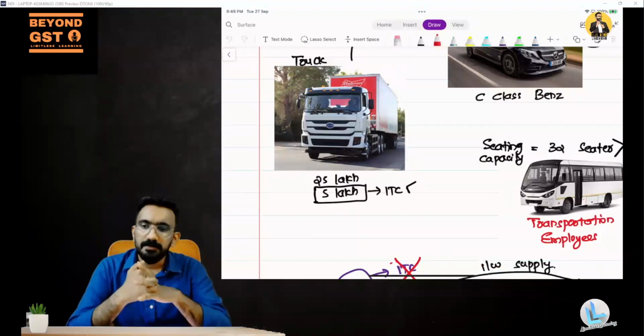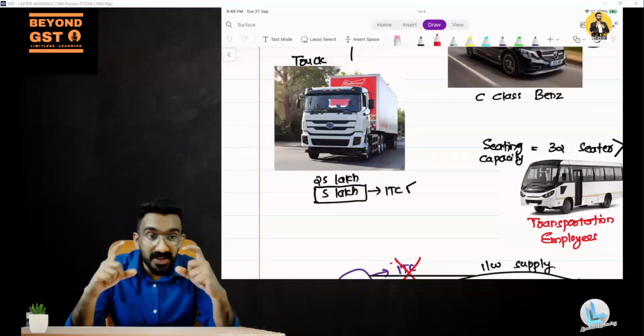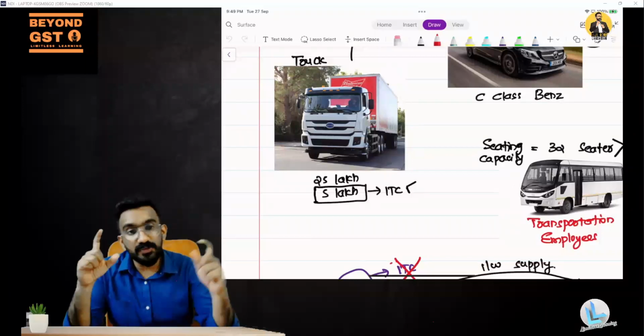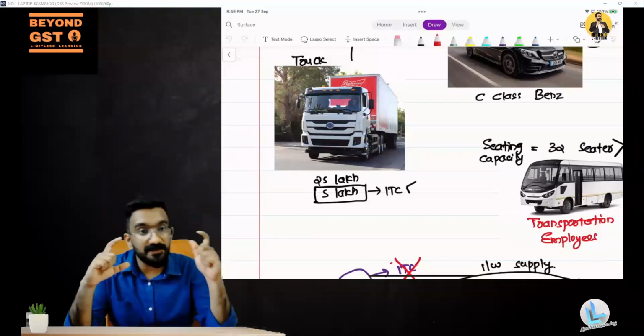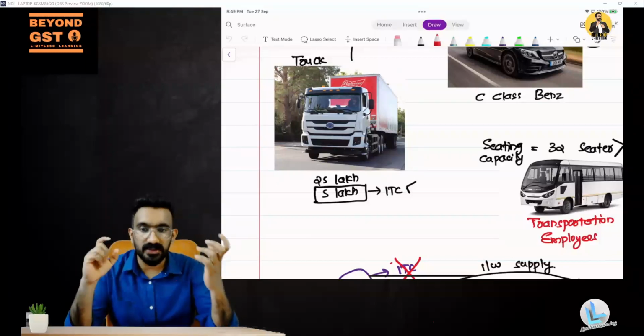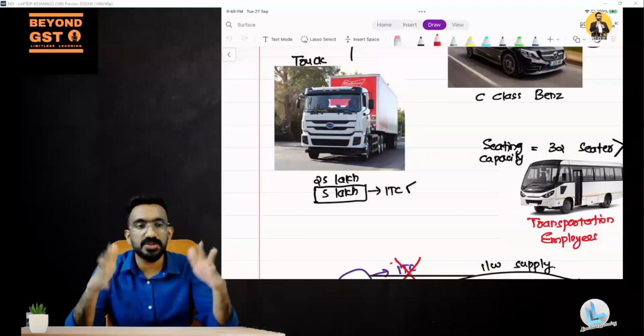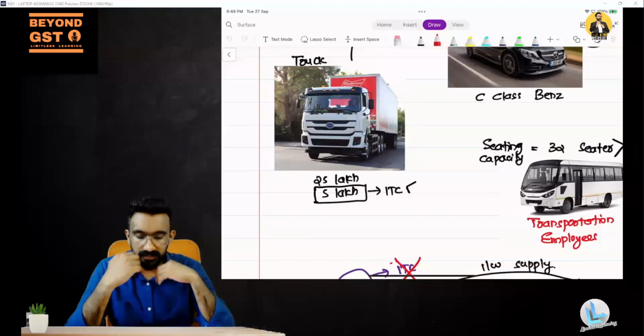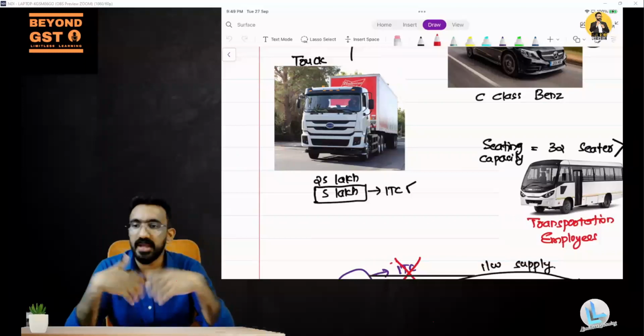Yes. Why? Because the block to credit does not include goods vehicles. What is the block to credit? Motor vehicle meant for transportation of passengers. Here, is this truck meant for transportation of passengers or goods? Goods. So can they take the credit? Yes, they can take the credit.